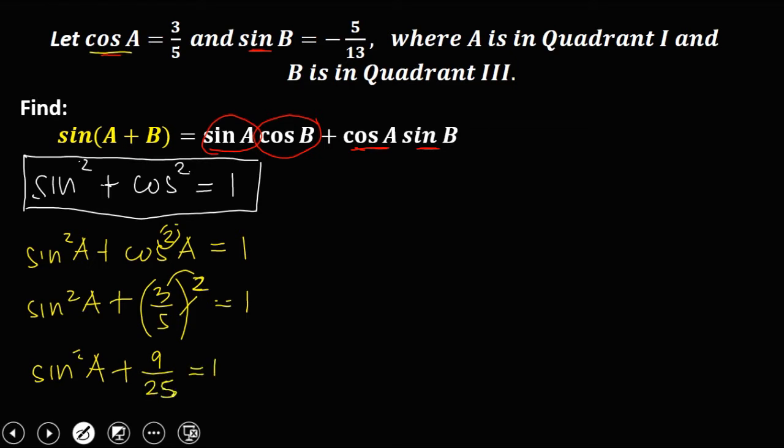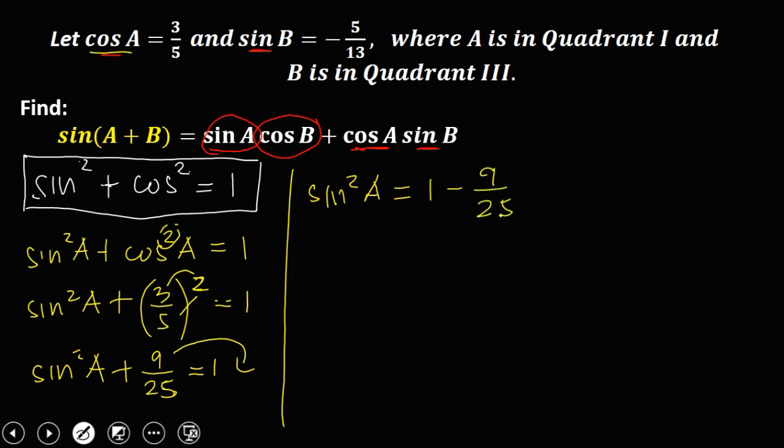Then to solve for sine A, transpose this 9 over 25. So sine squared A equals 1 minus 9 over 25. Now, when adding or subtracting fractions, we need to find the LCD, or we can rewrite this 1 as 25 over 25 because the denominator is 25.